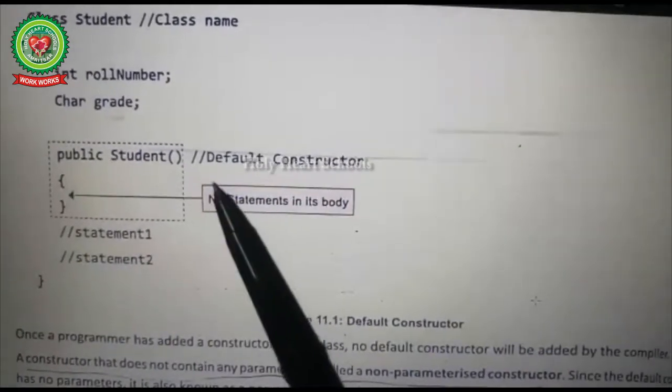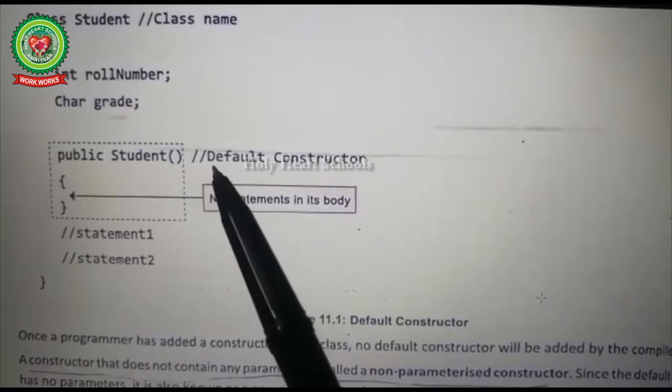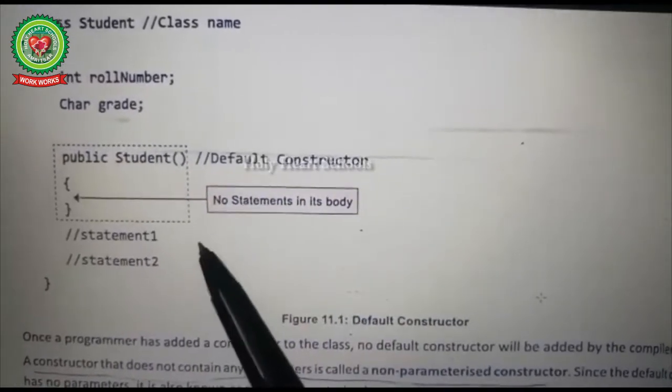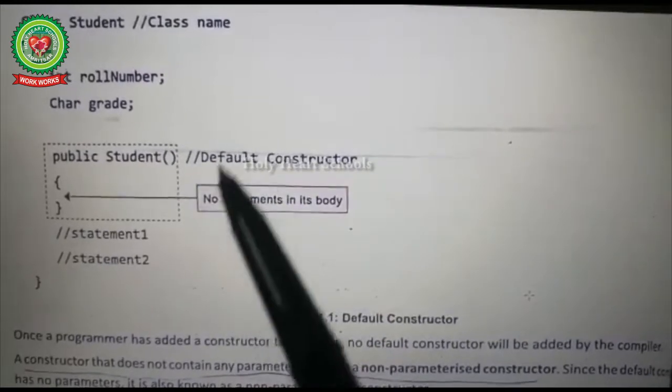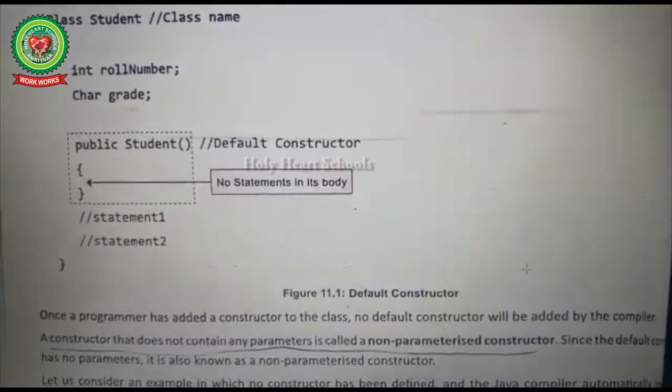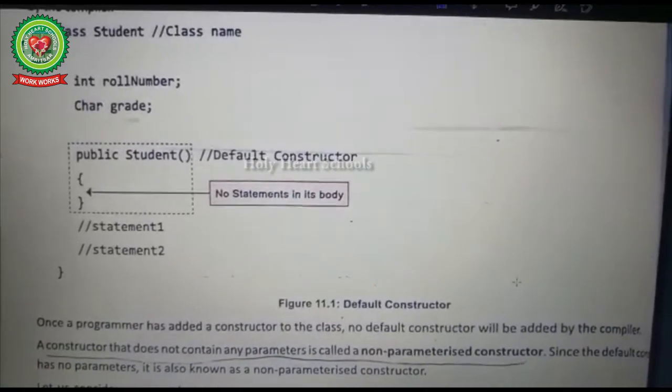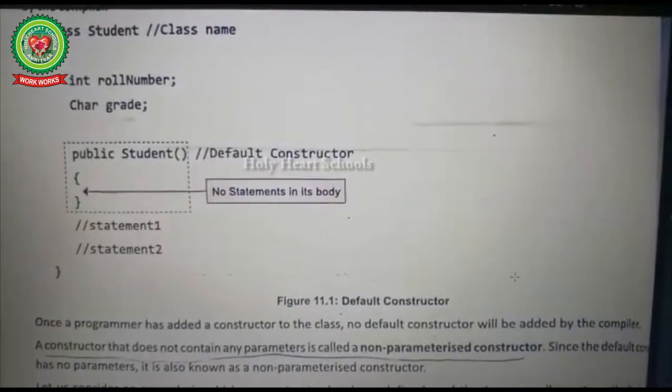In this, the constructor doesn't contain any parameters. So, this type of constructor is also known as a non-parameterized constructor. So, the default constructor is also known as a non-parameterized constructor.